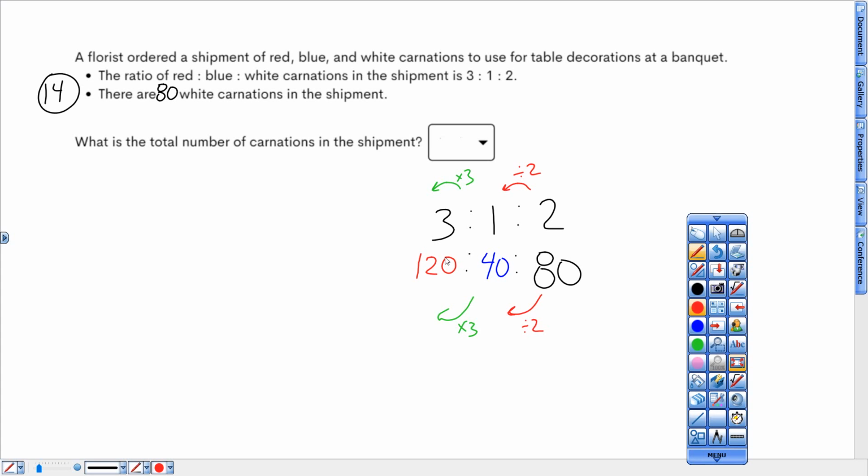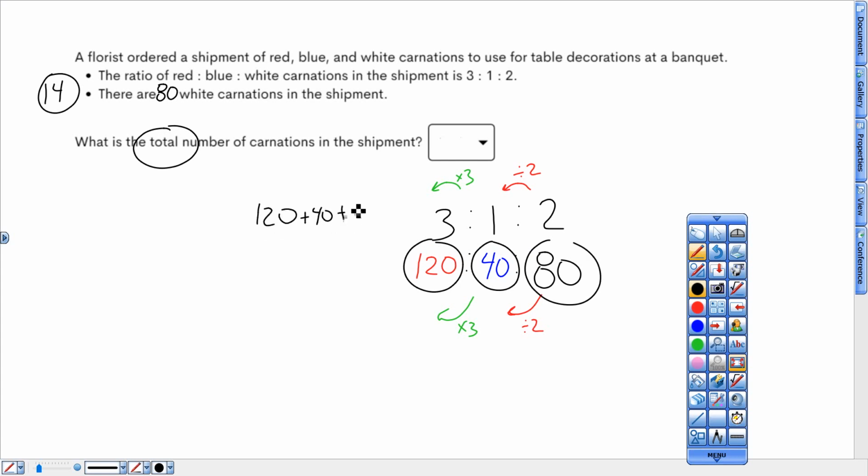And then this one wants you to find the total. So I'm going to total up these 3 numbers that I got. So 120 plus that 40 plus that 80. That'll give me 160 plus 80. That gives me 240, and you put that number right here.